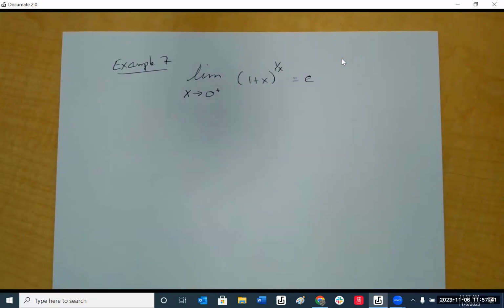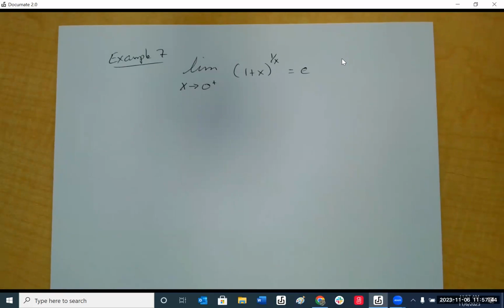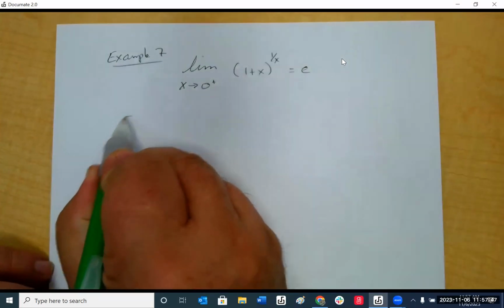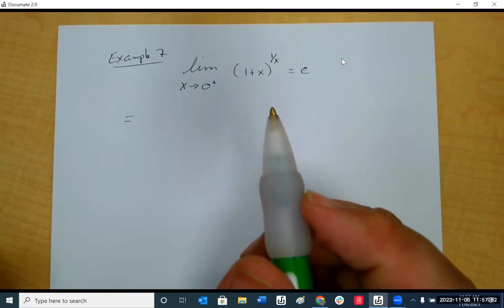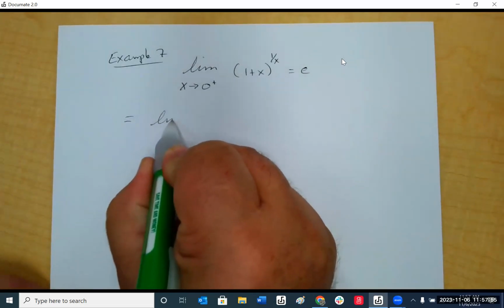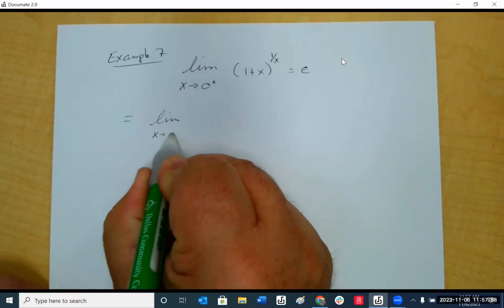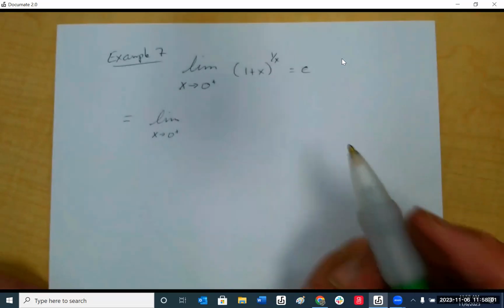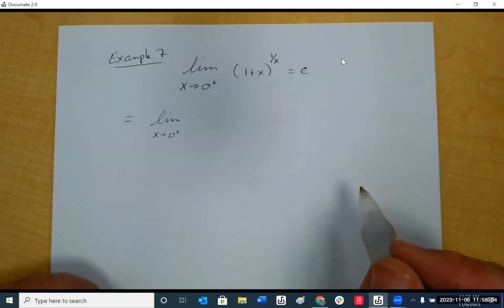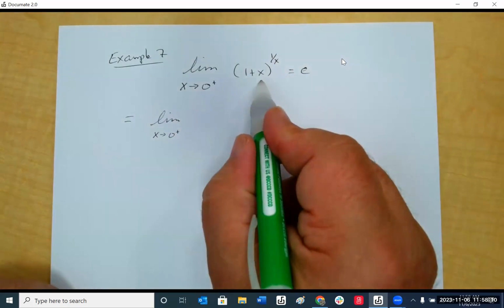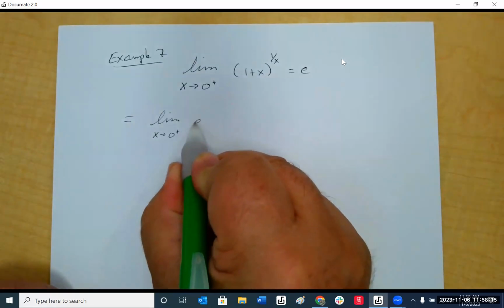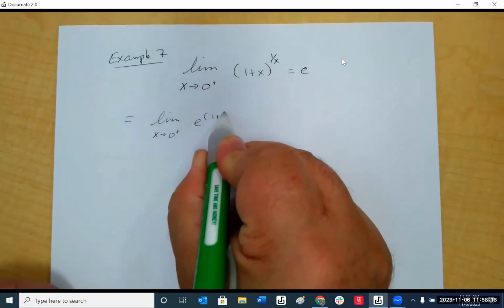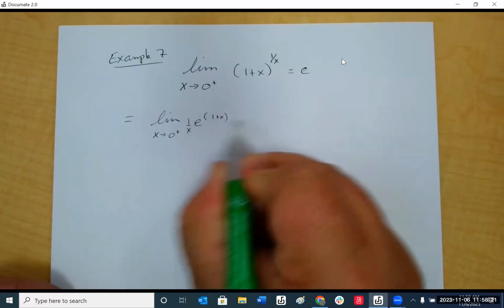Our rule tells us to do what? Take the e of both sides. So if we take the limit as x approaches 0 from the right, and this would become 1 over x.